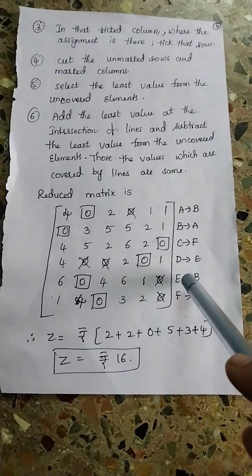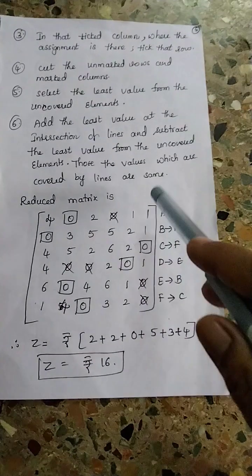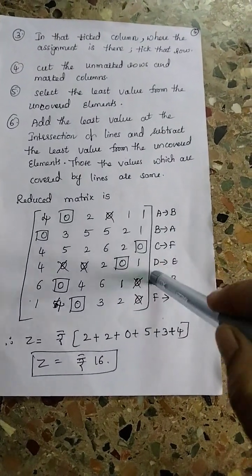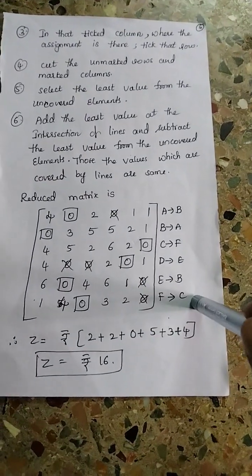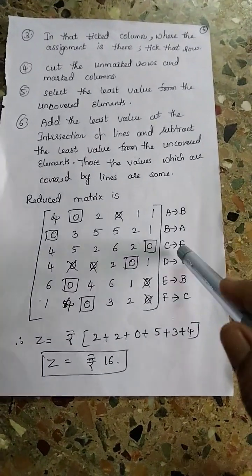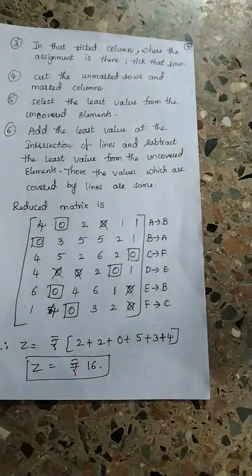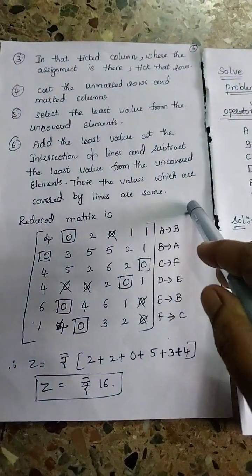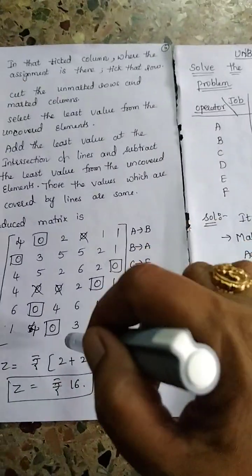That means now the solution is optimum. And how are you going to find that out? A to B, B to A, C to F, D to E, E to B and F to C. We are going to find the value of Z by taking the given question. So here A to B. A to B is how much in the question? It is 2.